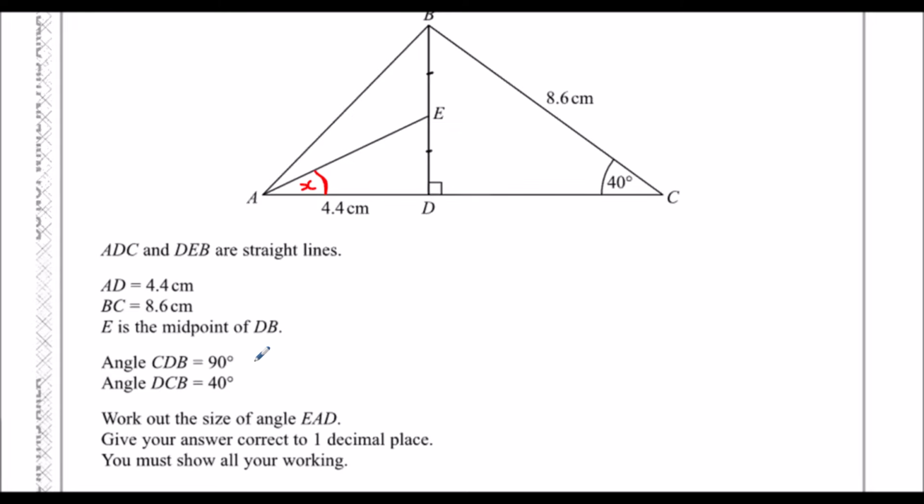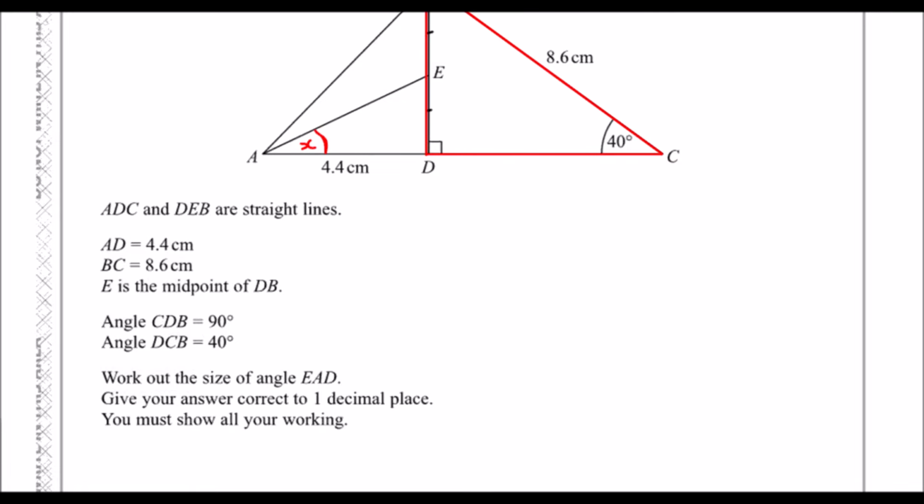So what we can do, we can use the triangle on the right. So BCD, this triangle here, to find the length of BD, and then we'll half it, which will give us the length of ED, and then we'll be able to work out our X. So the first step, find the length of BD.